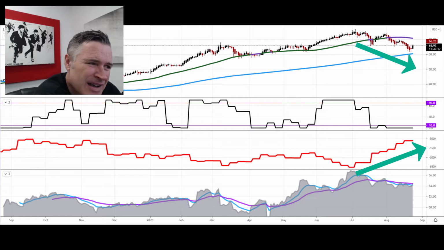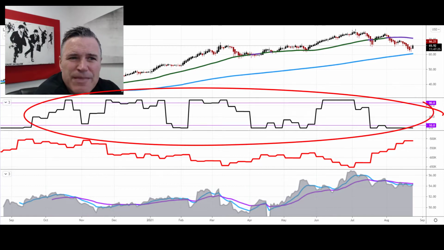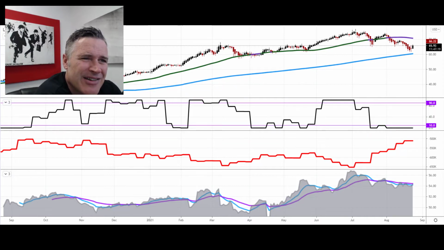So if the commercials are up, we'd expect to see the price down and vice versa. Now the black line is a COT index of the large speculators, and normally it's their job to make money and stay in their job by making money, so we expect that line to go more in sync with the actual direction of the price.